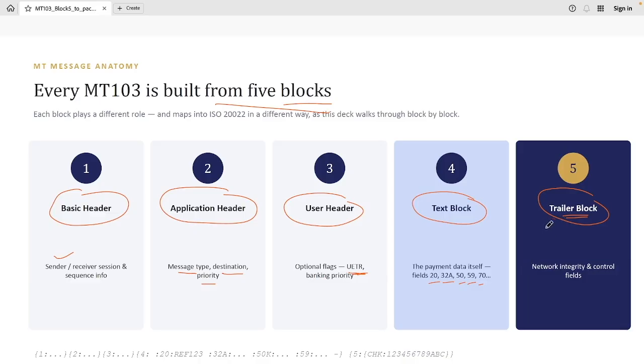It does not describe your payment information. It does not change the amount. It does not identify even a debtor or creditor. It does not tell the beneficiary bank where to credit the funds. Its purpose is to help the messaging infrastructure safely transport and control the message.